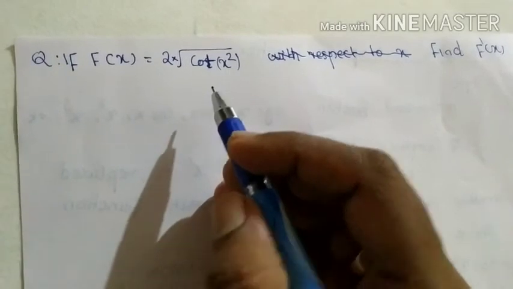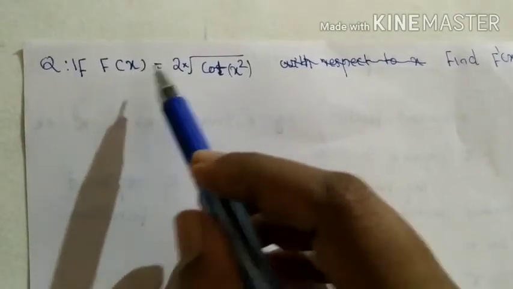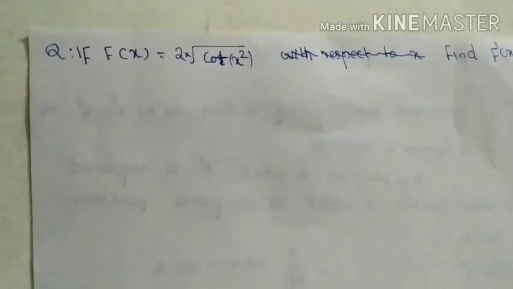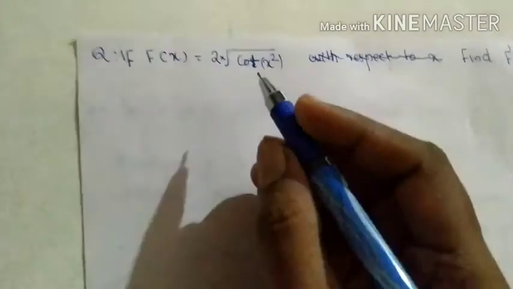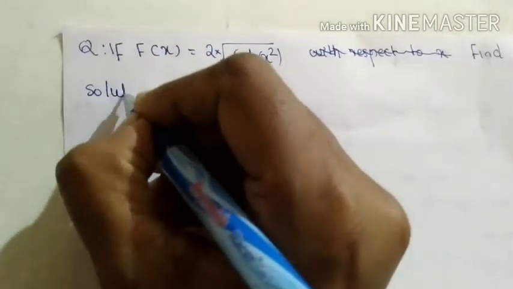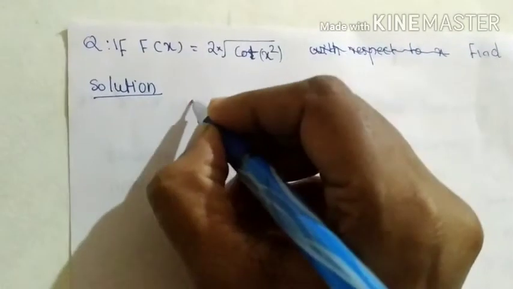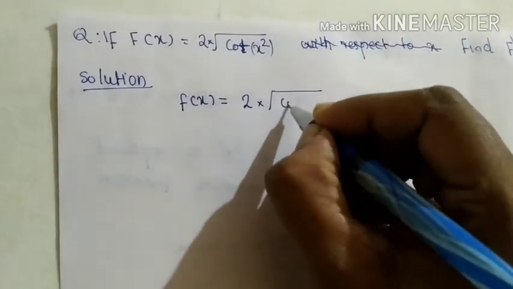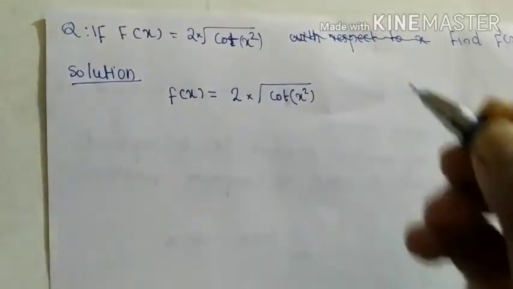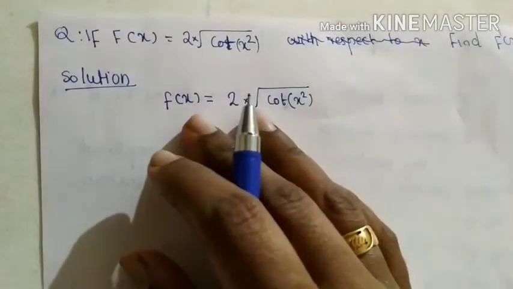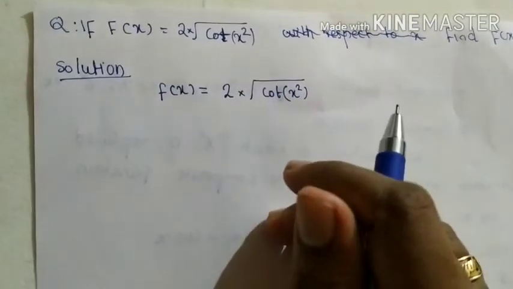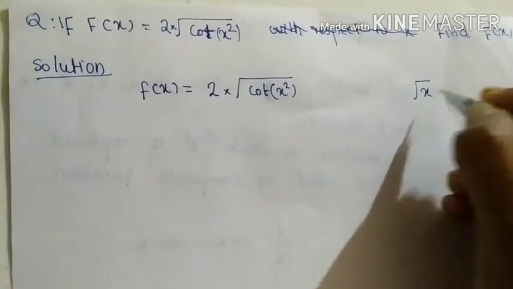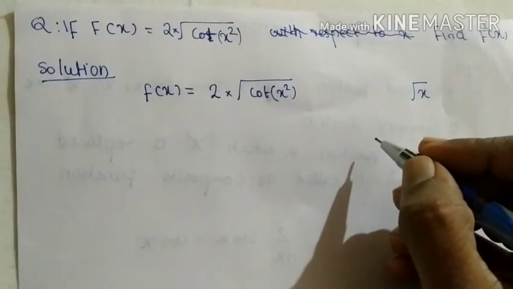In this question, given that a function f of x equal to 2 into root of cot of x square, we need to find f dash of x. So let's start the solution of this question. Given that function f of x is equal to 2 into root of cot of x square.